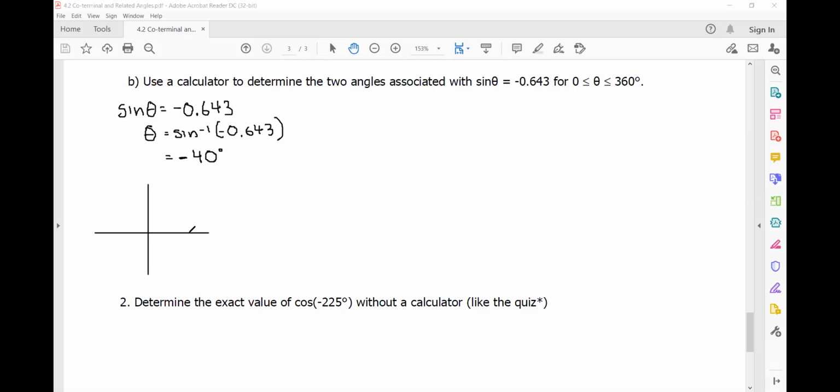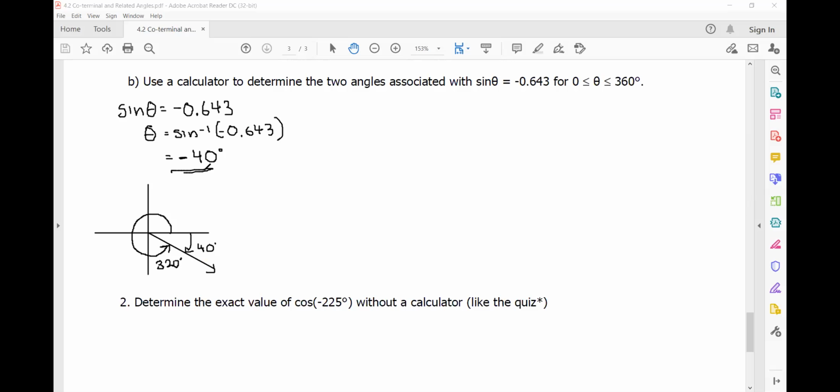A negative simply means I'm not going in the positive rotation direction. I'm turning 40 in the negative direction. That's all. So my terminal arm is actually in quadrant 4. So a negative 40 degrees is actually equivalent to a positive 320 degrees. Okay?